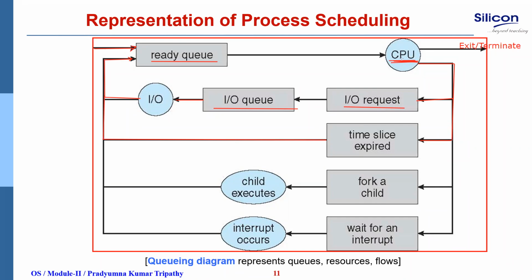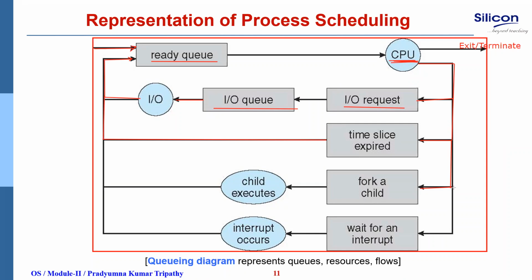When that process is executing, there might be a chance it may fork a child, meaning a new process may be created. A process might create another process. Those are called child processes. Is it understood? We will do some lab experiments on how new processes can be created. For the time being, remember that a process can create another process.